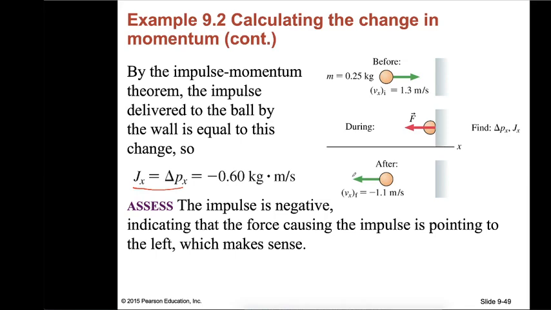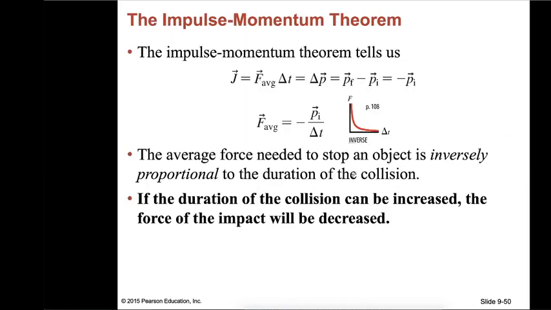Even though momentum and impulse are completely new concepts, the equations for them are very simple. So in the calculations, usually it's not difficult if you remember the equations. The impulse momentum theorem tells us that the impulse equals the change of momentum.